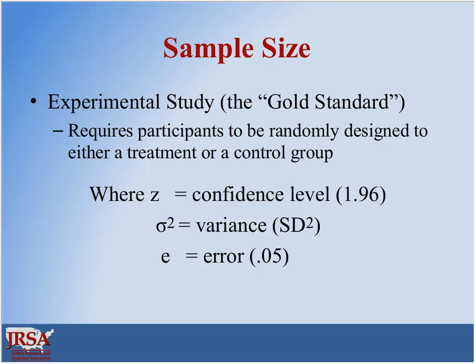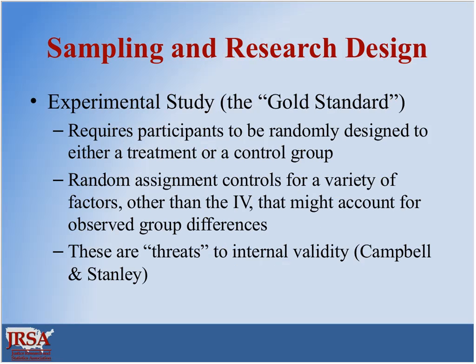Here's an alternative way to think about sampling and sample size, and that's in regard to research design. As we all know, experimental randomized control trials are the gold standard in research design, and they require participants to be randomly assigned to either a treatment or a control group.